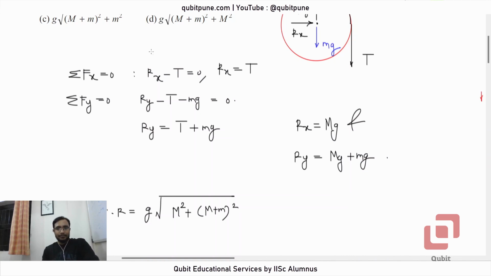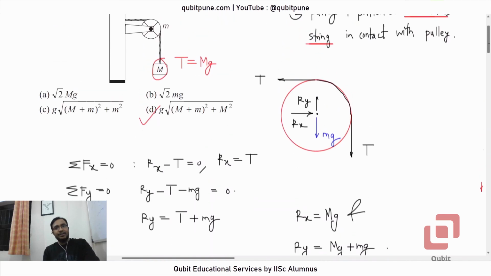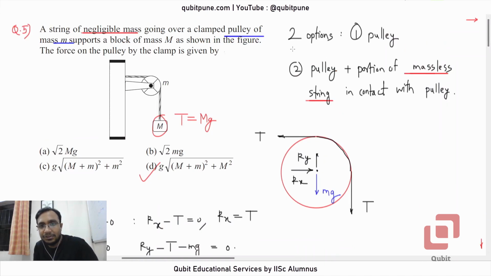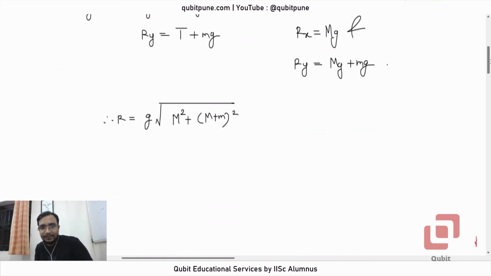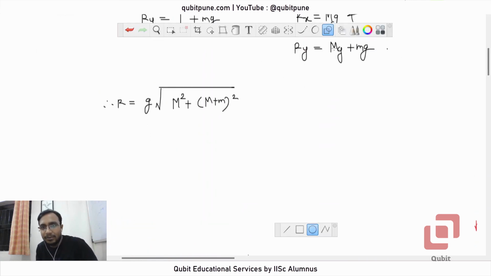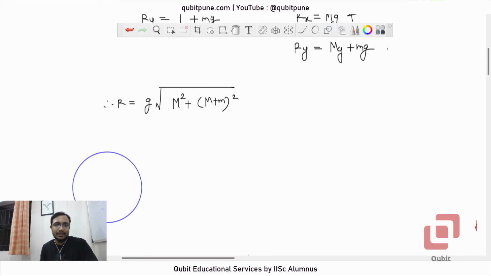Yes, sir. Now see, what happens if we just consider the pulley as our system? Two options for the FBD choice. If we just choose the pulley, then how do things work? We essentially arrive at the same result, but if we consider the pulley itself, then we will show its weight. We will show the horizontal and vertical components of the reaction.